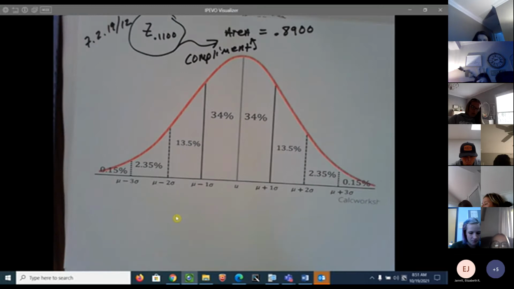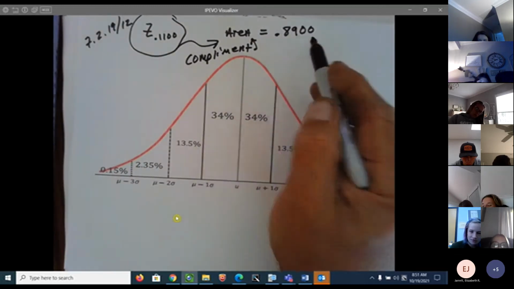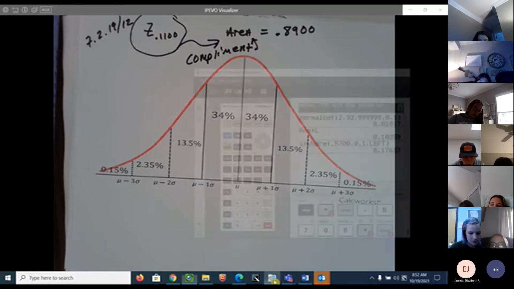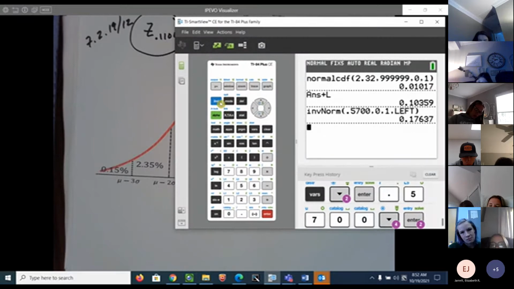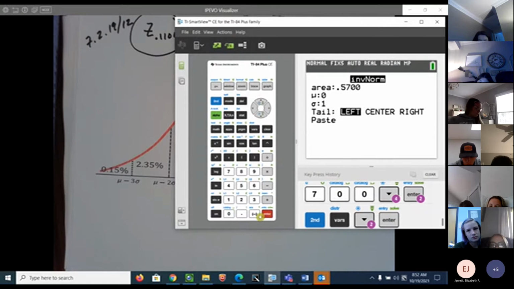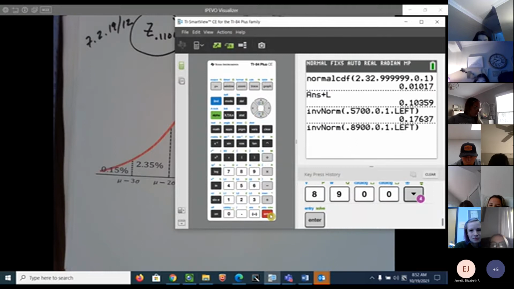The complement area of 0.1100 is 0.8900. So inverse norm, excuse me, second bars, inverse norm, 0.8900. Excuse me, I always yawn on Tuesday and Thursday, and I don't know why. 1.23.